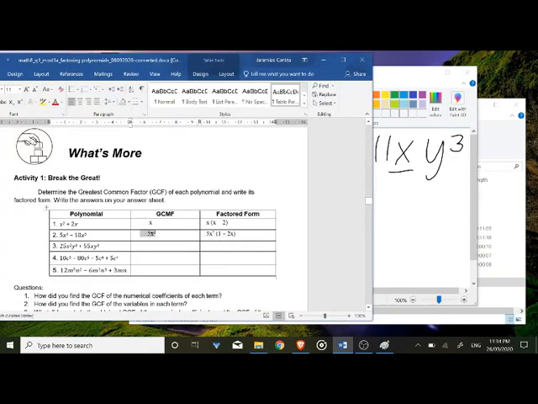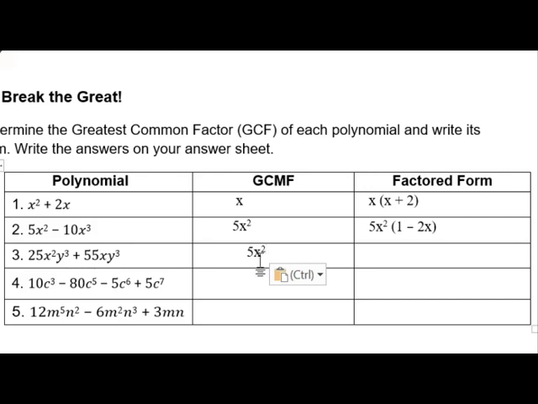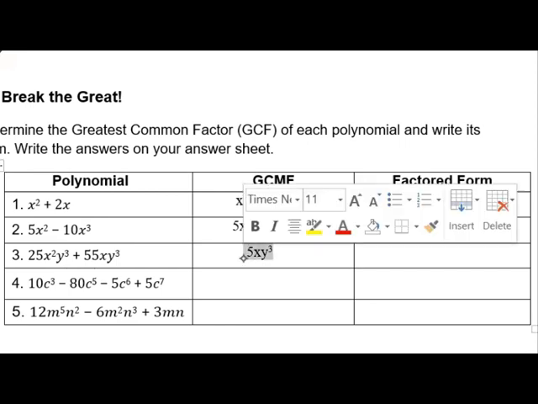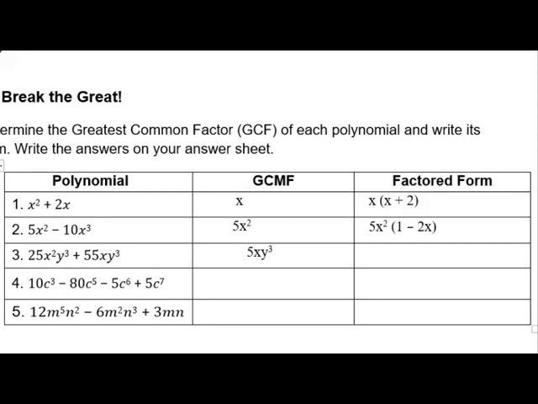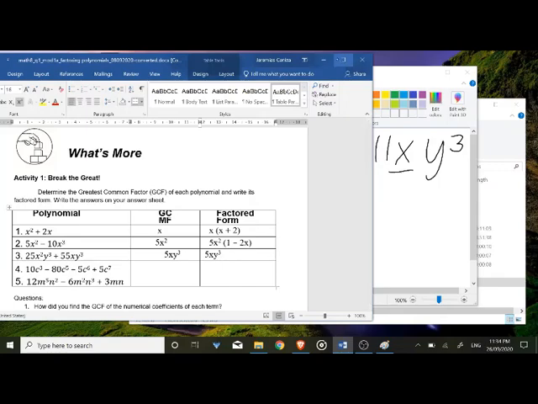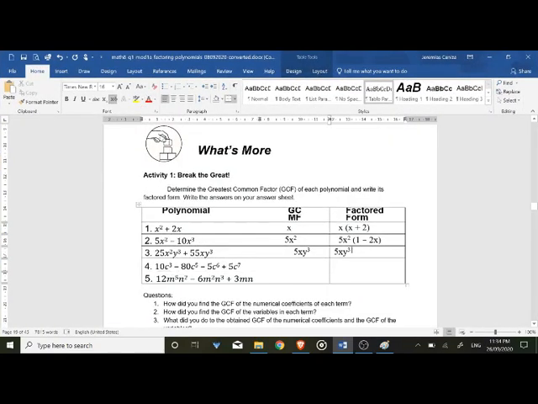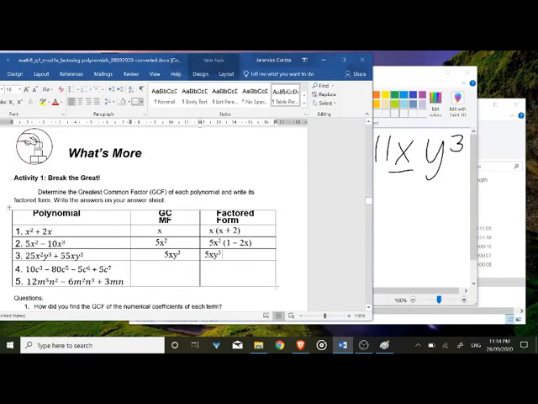Okay? Copy na lang natin dito yan. Si 5x then y cubed. Okay, copy din na natin dito. So, we will now find the other factor of the GCMF. How to find the other factor?